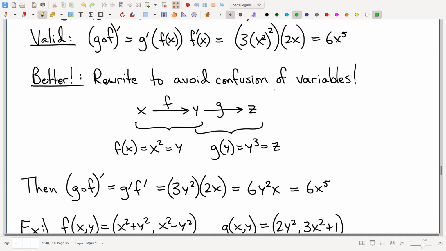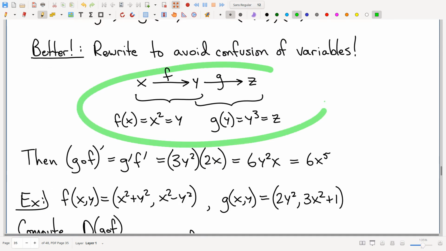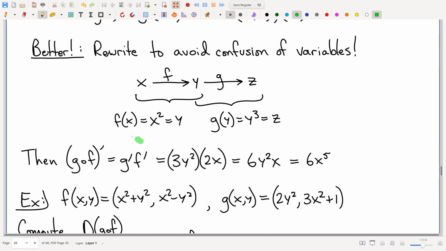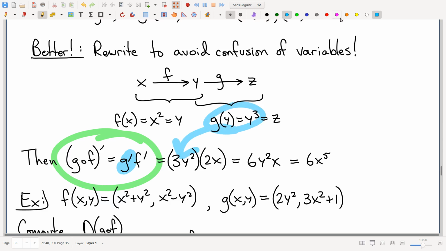So with the function rewritten, avoiding the confusion of variables, now it's perfectly clear what is x, what is y, what is z. Notice I don't even have to be careful. I can just write down again, fast and sloppy, derivative of compositions, the product of the derivatives. I don't have to worry about what's evaluated where. G prime is 3y squared.